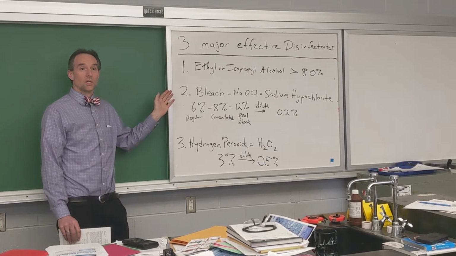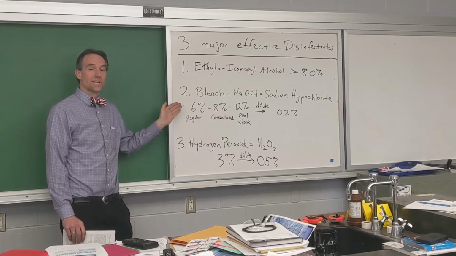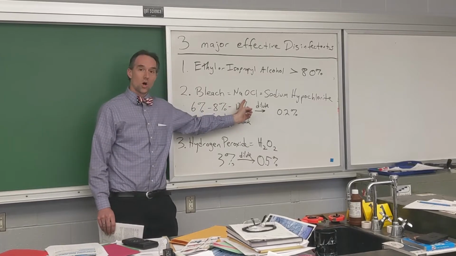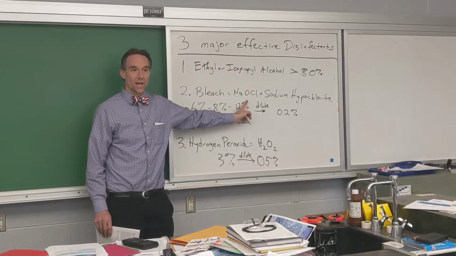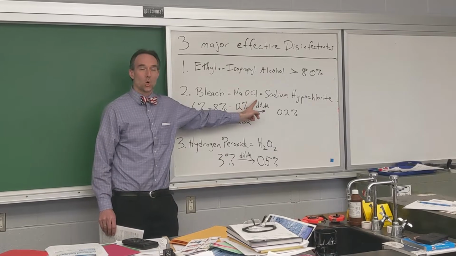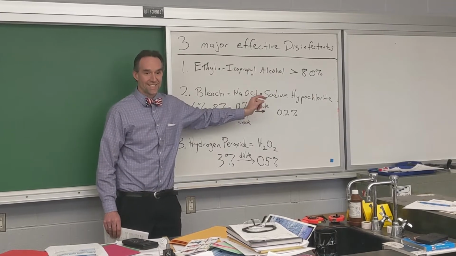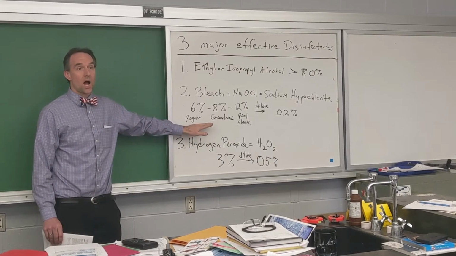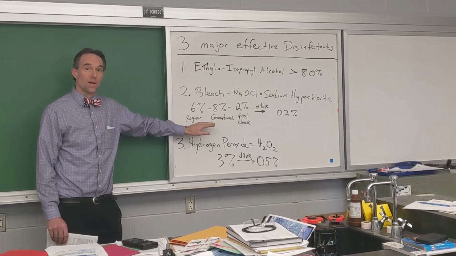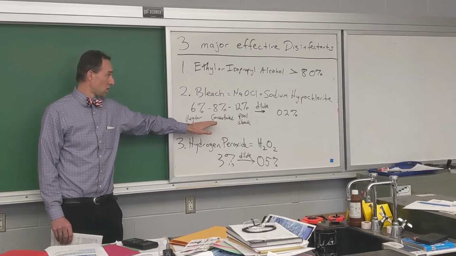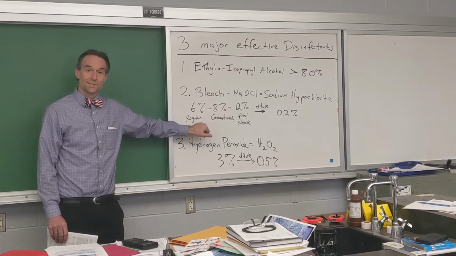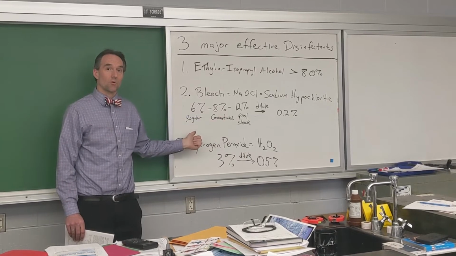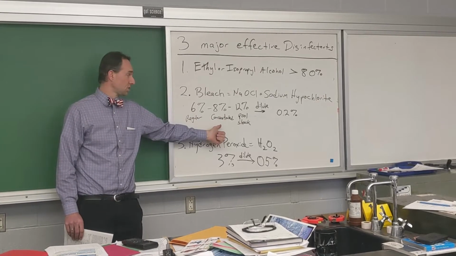Second major common substance for killing coronavirus is bleach. Bleach is also called sodium hypochlorite with the symbol NaOCl or NaClO, depending on how you prefer to write it. Bleach is available commonly in the grocery store or the laundry supply store, and it's mostly sold at 6% to 8%, depending on whether you get regular or concentrated bleach.